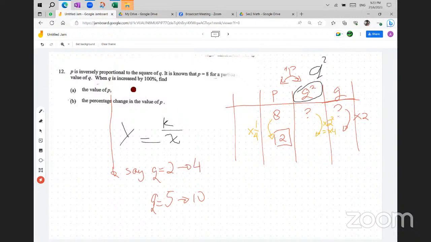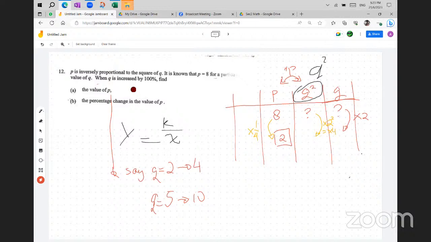Oh, you prefer this one. Just by doing that, I know that 8 will be times 1 over 4. Therefore, 8 is now 2, without finding Q, without finding Q square, and without finding k at all. This is intentional in this method. This method does not go and find the k.